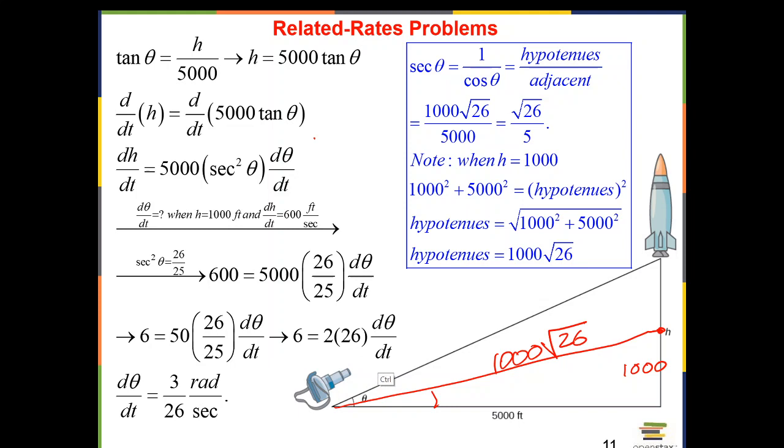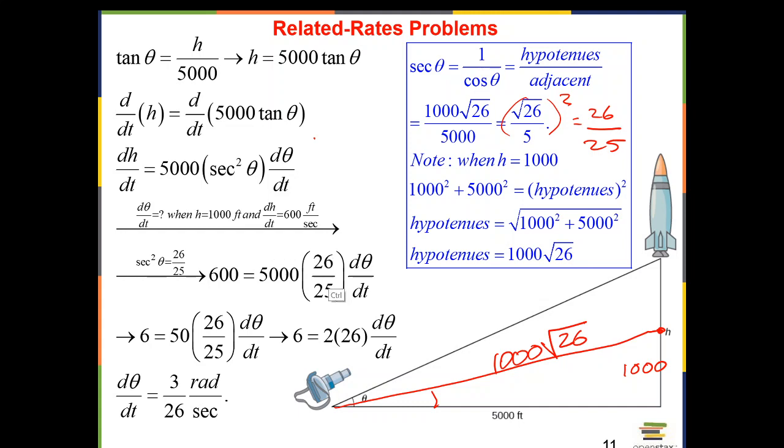So what's the cosine? Cosine would be this over that. Secant is the reciprocal, this over this. So that's the secant, and we simplify it. Now remember, we want secant squared, so we square it, and we get 26 over 25.